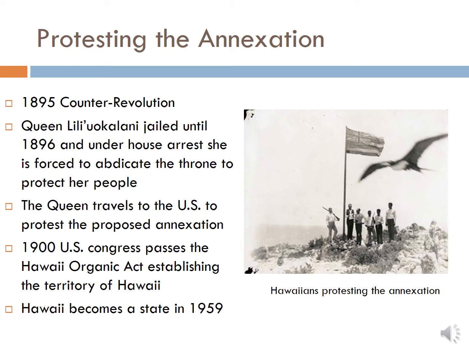And of course, Hawaii will remain a U.S. territory until 1959, when it is admitted as the 50th state in the U.S. So in 1959, Hawaii becomes a state, but it becomes a state under the premise of this forced taking of Hawaii back in 1900 as a territory under the protest of the royal family and of the Native Hawaiians.